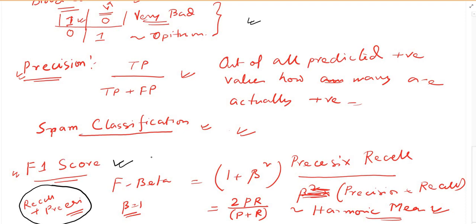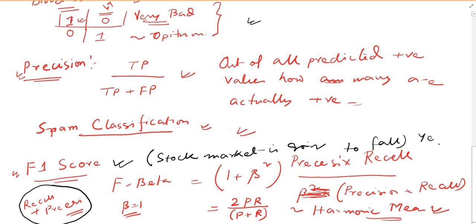One example for the F1 score, in which scenario you would think about that: if you have to predict whether the stock market is going to fall, yes or no. This is the kind of scenario where both are important, because you don't know which one is more important for you.